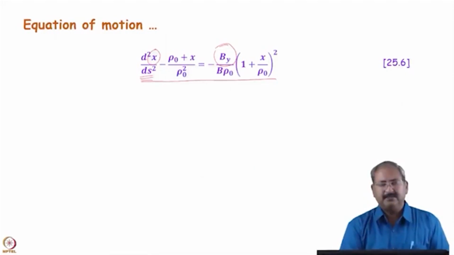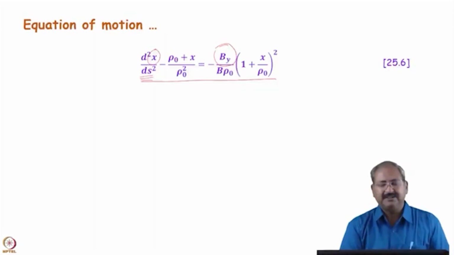And if we take By as a constant plus some gradient into x, this equation will be for the particle which is passing through a dipole magnetic field having some gradient. And this kind of magnetic field which has some gradient was used for weak focusing in the cyclotron. So this equation can tell us the motion under such a magnetic field.